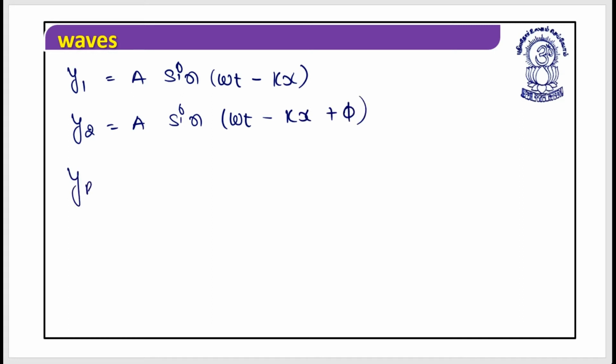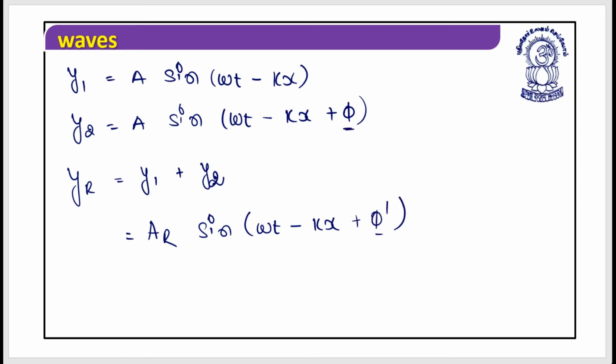If I want the superposition of these two, y1 plus y2, I will get A_R, the resulting amplitude of the superposed wave, times sine of omega t minus kx plus phi dash. Phi dash is a new phase angle. Now how to find A_R?